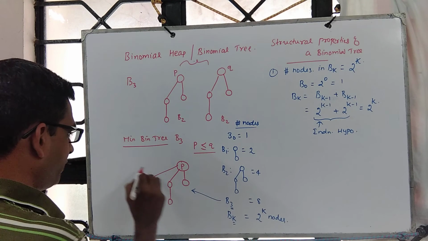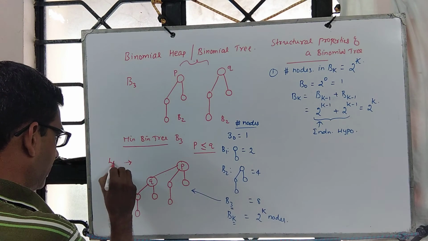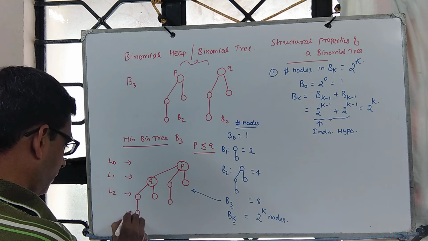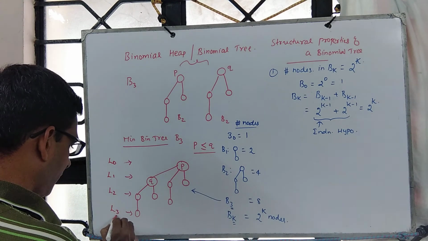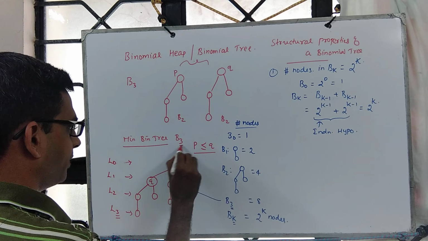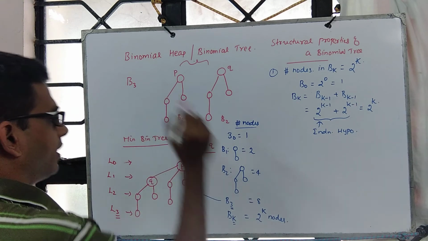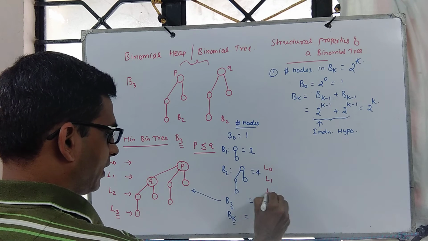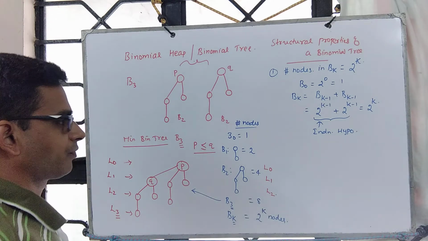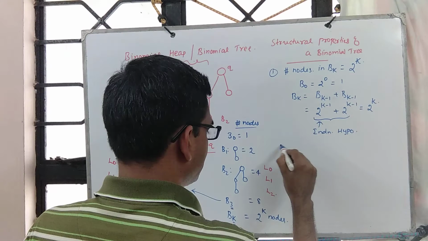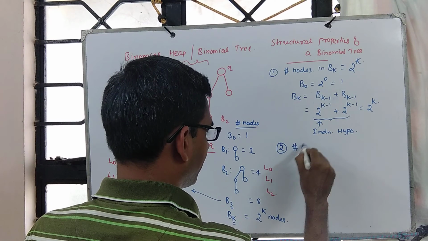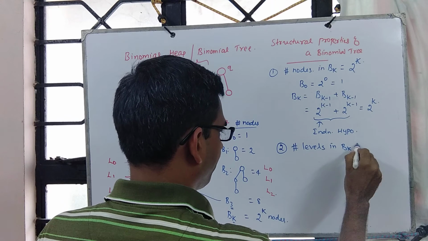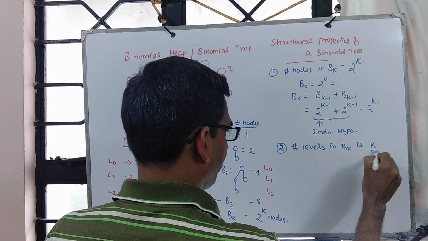Let's look at how many levels there are. This is level 0, level 1, level 2 and level 3. This 3 matches with B3. Look at B2: this is level 0, level 1 and level 2. The second property is that the number of levels in Bk is k.